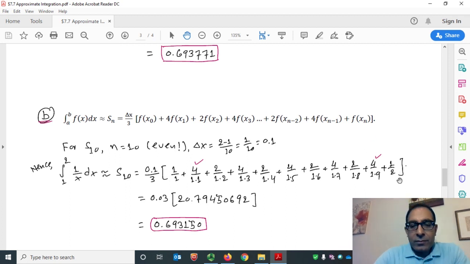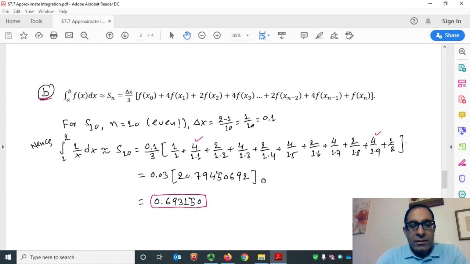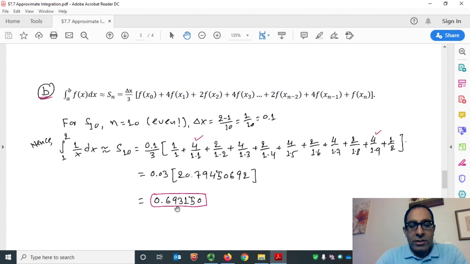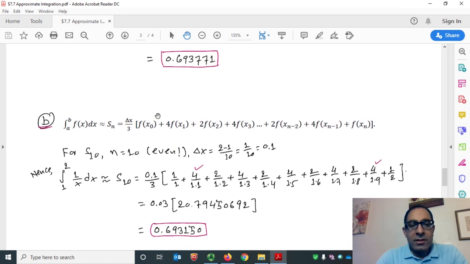Great. Again, using the calculator, we have this approximation, 0.693150, which is, let's see, we're almost close, right? Yeah, up to 3 decimal places of the exact number, 0.693147.